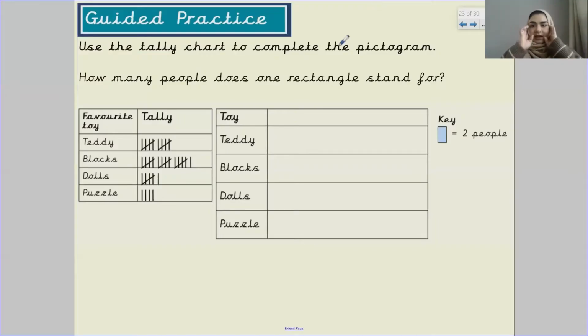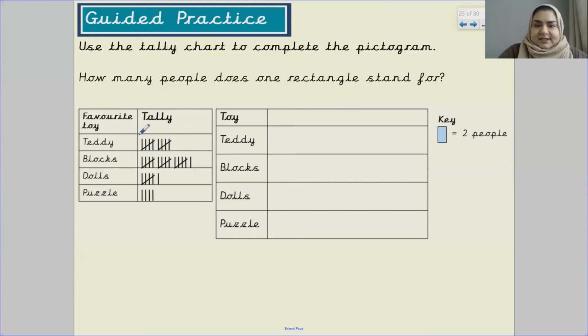Okay, so to work this out, I need my division and multiplication knowledge. So I need to try and remember that. If I look at this key, it says that there are 10 people that like the teddy.